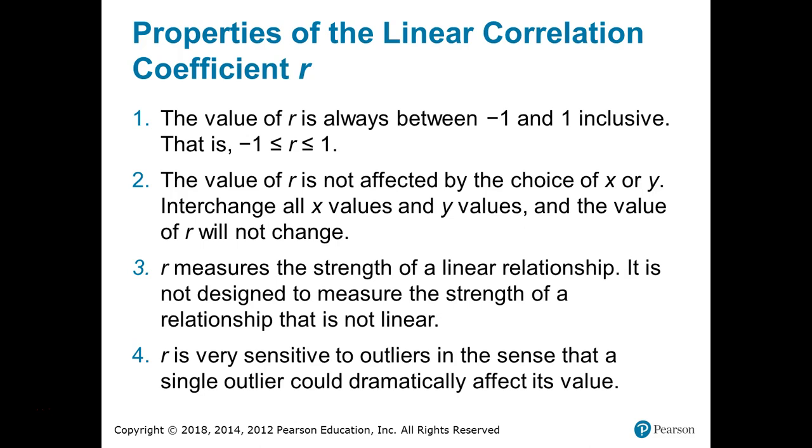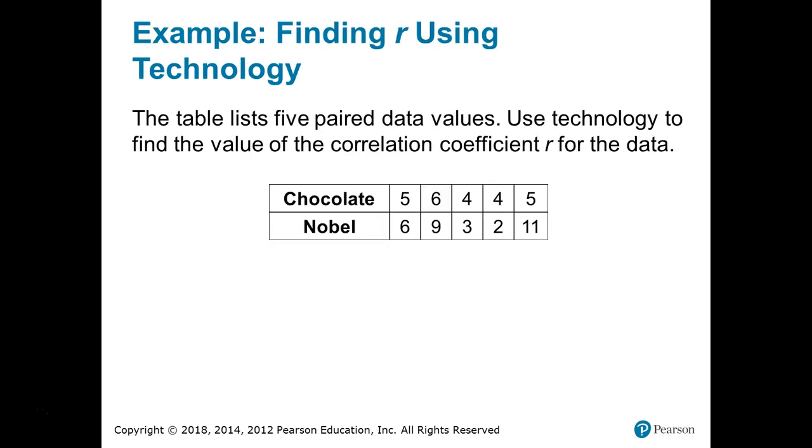It is not designed to measure the strength of a relationship that is non-linear. We're talking only about linear. And R is very, very sensitive to outliers. So just make sure you don't have anything that's going to totally skew your data from one single point.